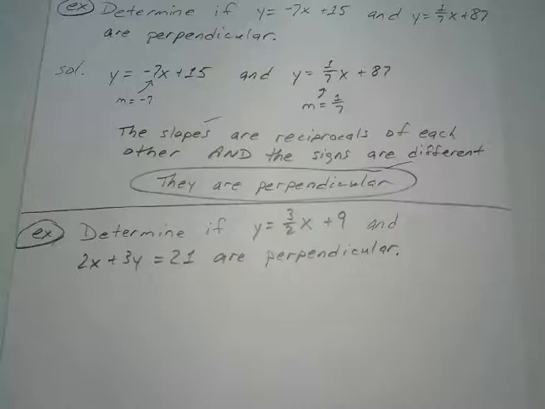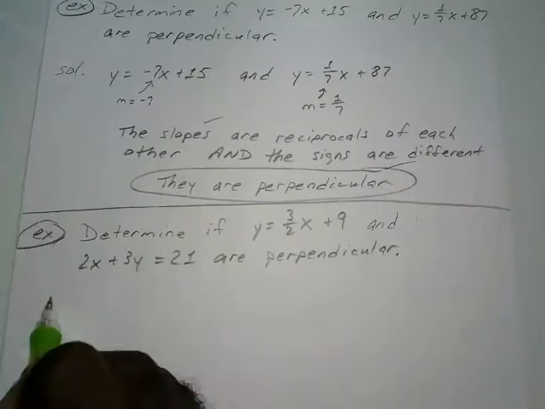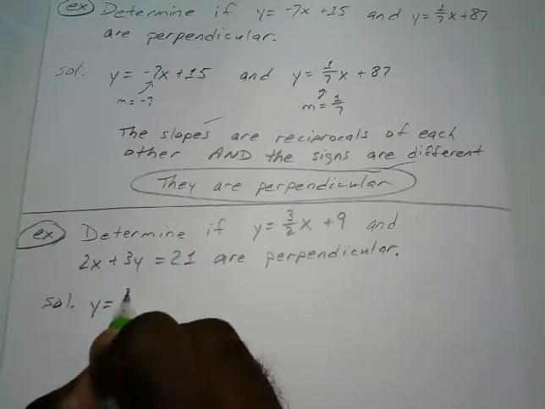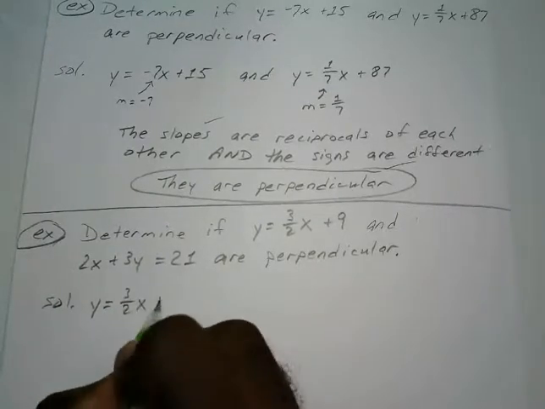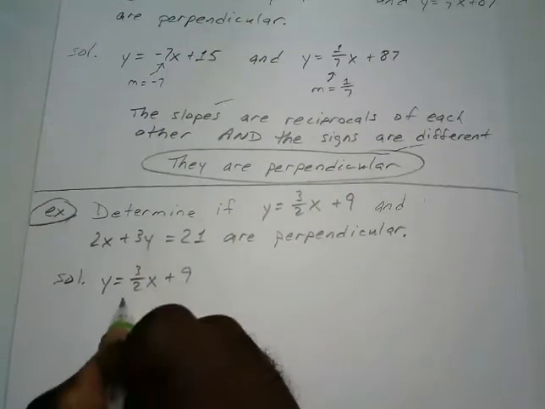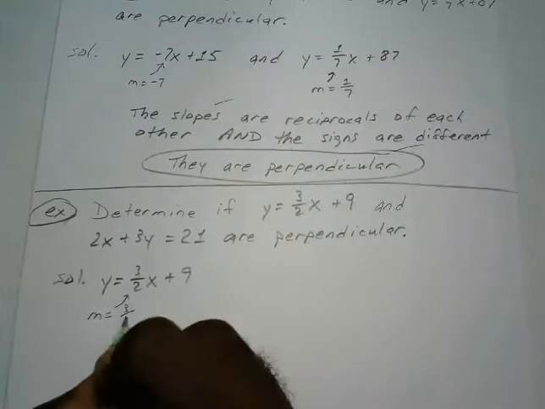Now remember, they have to be in y equals mx plus b form. The first one, we're okay there because we have y equals 3 over 2x plus 9, so we know that the slope is equal to 3 over 2.